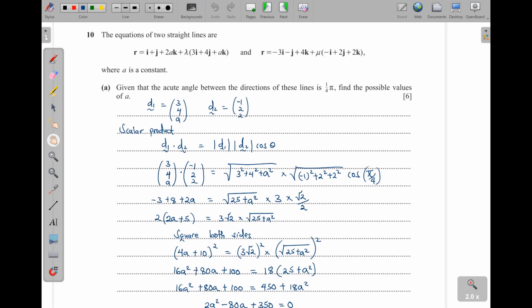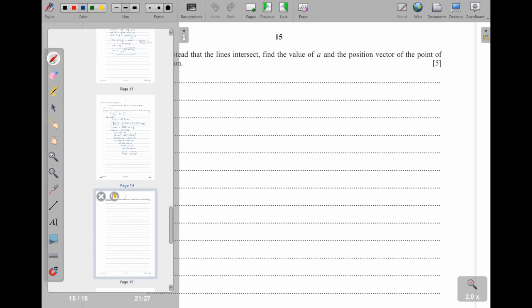The parametric equations will be like, for this one, it will be i, so that is 1, then plus 3 lambda, because you multiply here. Then here there is j, so 1, then plus 4 lambda. And then this is 2a, and then this is a lambda. So 2a, then plus a lambda, okay? So something like that. And the same thing we do to this one here. So this is what we are going to have here.